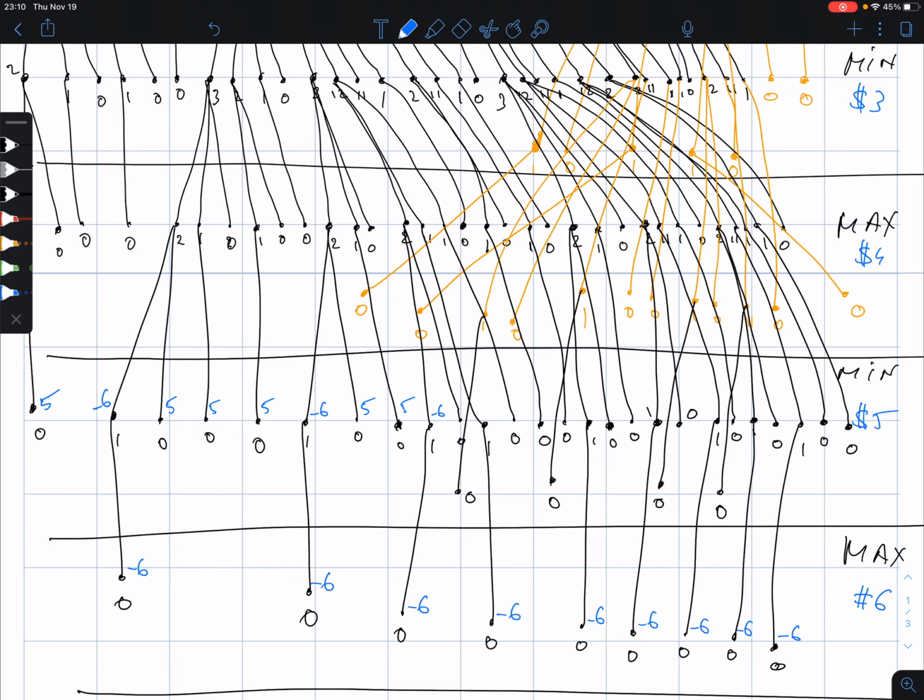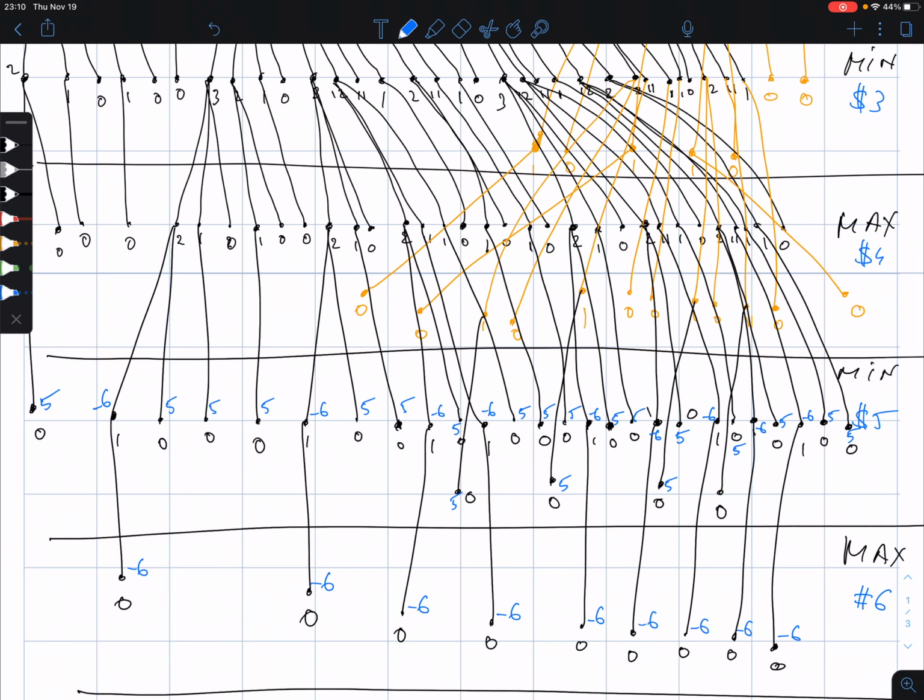It inherits -6. This one is 5, this one is 5, this is -6, this is 5, 5, 5, 5, -6, 5, 5, -6, 5, 5, -6, 5, -6, 5, -6, 5, 5. Okay.